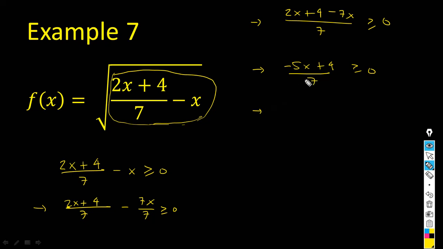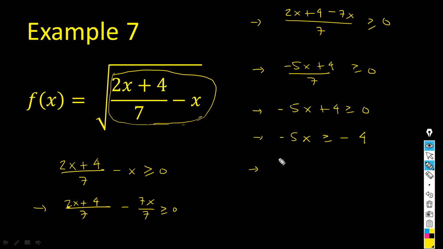And then we have the following. Let's multiply both sides by 7, just like we do with normal equations. I multiplied by 7 in both sides. Okay, then let's subtract 4 from both sides.